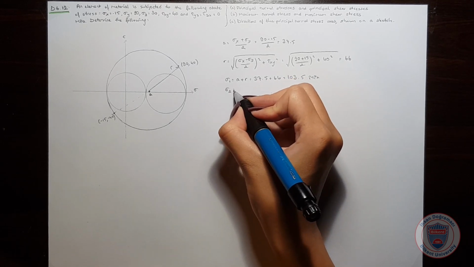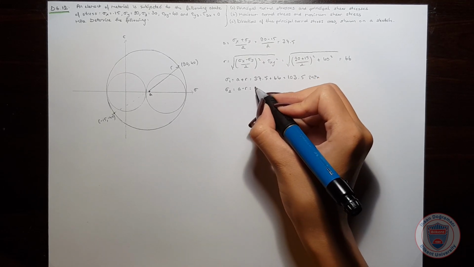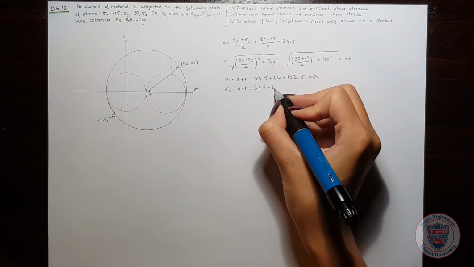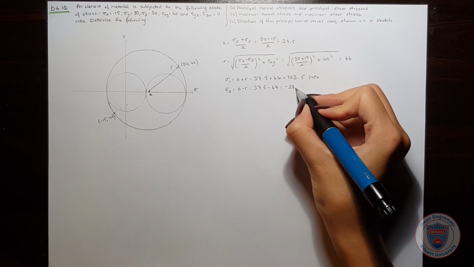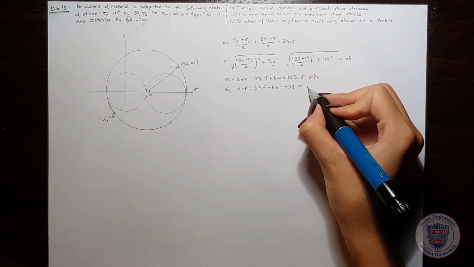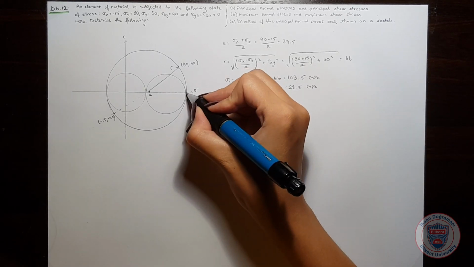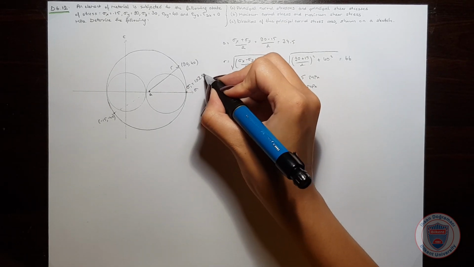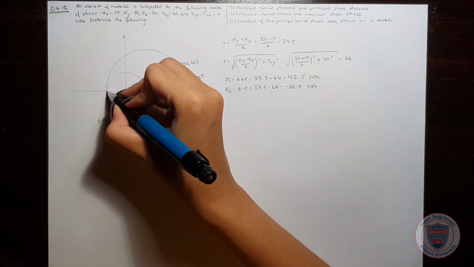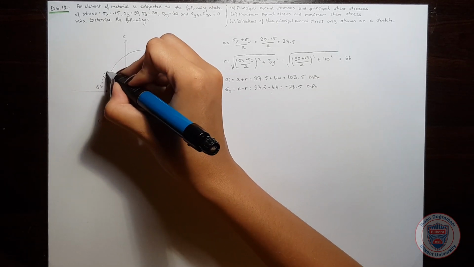And sigma 2 will be equal to A minus R. And we get sigma 2 is equal to minus 28.5 MPa. So we can say that this point here is sigma 1 and it is equal to 103.5, and this point here is sigma 2 and it is equal to minus 28.5.